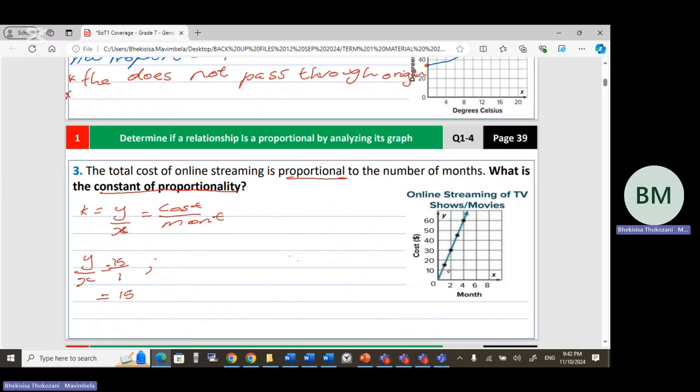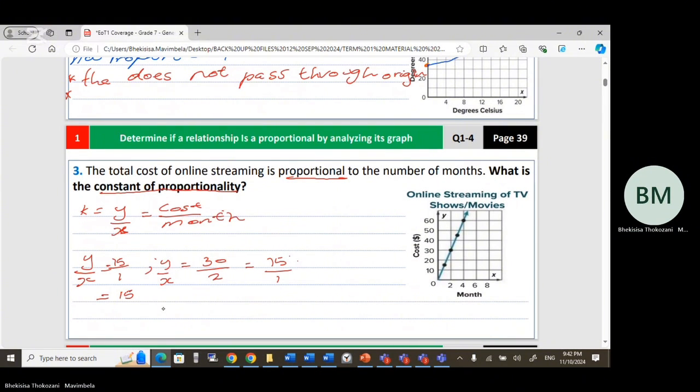Then I'm going to try another one, which is 30. Again, Y over X, which is 30. The month is 2, which is my X. Remember, my month here is represented by X. So that's the same as, again, 15 over 1.